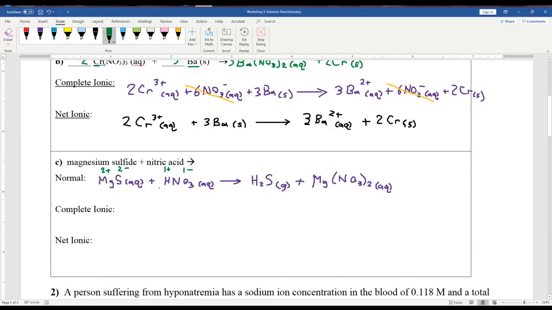I think it just needs a 2 in front of nitric acid. Very good. Yes. Now that we have that, is that what you got, Janier? Yes. Awesome. Good job. So now we just need to break apart whatever is appropriate to break apart.